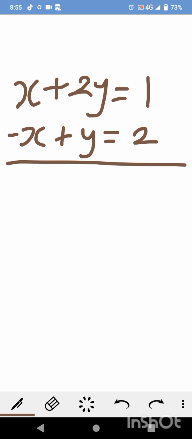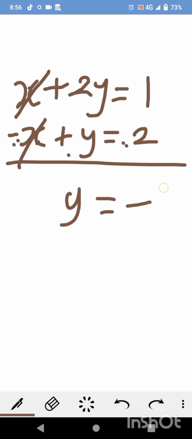We have x minus x cancels out. Then 2y minus y gives you y. Then 1 minus 2 gives you minus 1.